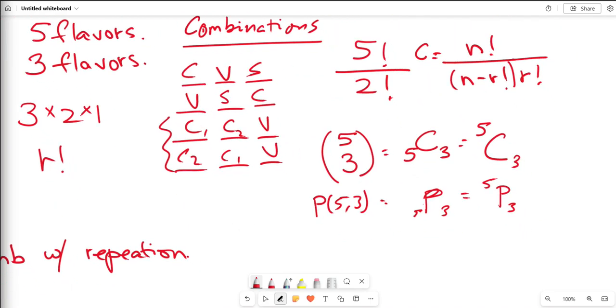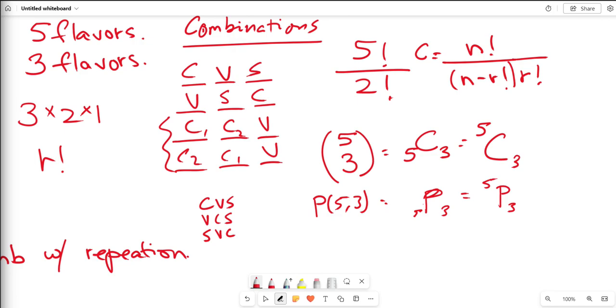Correct. So I said we'll leave it to you as homework, but I'll just go over that here. So let's say you said CVS. So you could say chocolate, vanilla, strawberry. You could say vanilla, chocolate, strawberry. You could say strawberry, vanilla, chocolate. So chocolate's moved through all three positions.